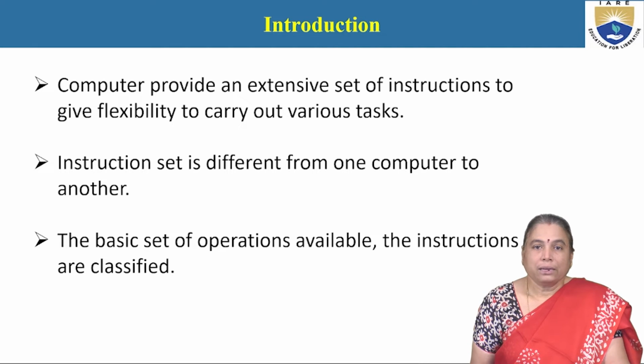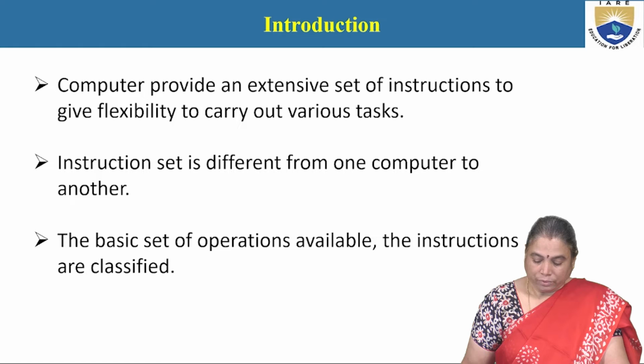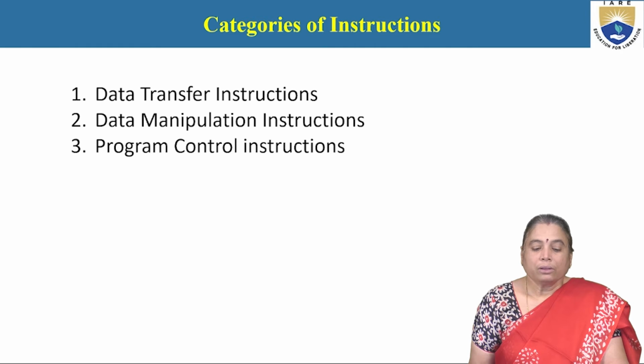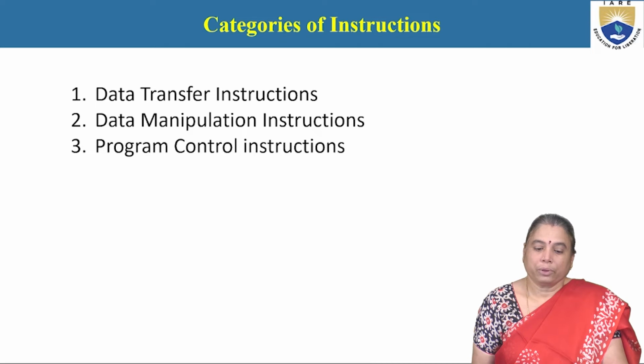The next category of instructions are the data manipulation instructions. These instructions provide the computational capability to the system. The third category of instructions are program control instructions. The program control instructions are generally used to alter the sequence of execution of the program.